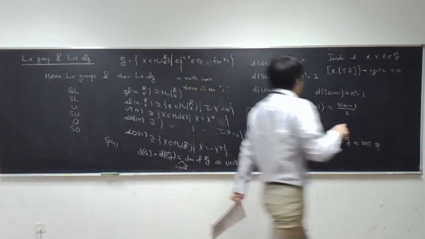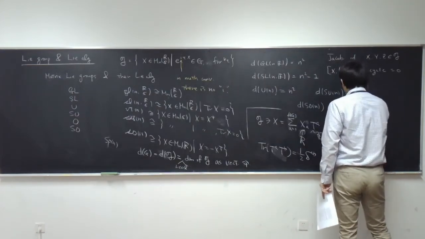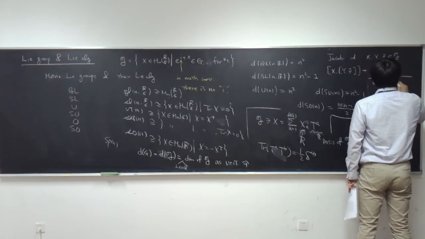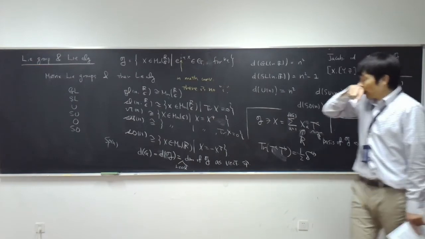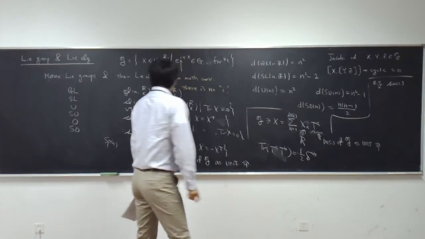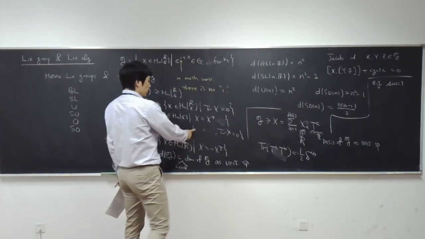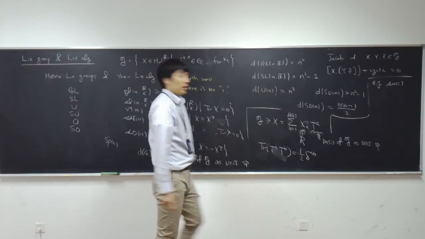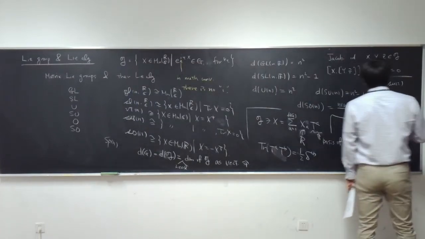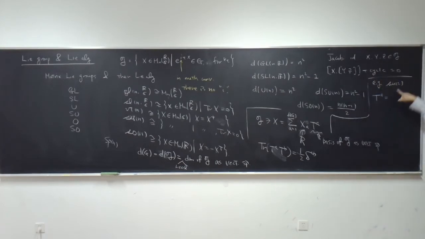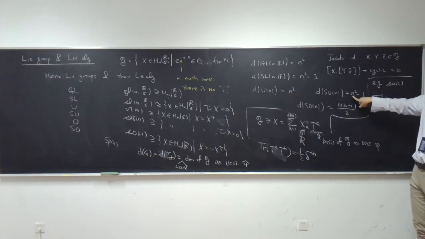For instance, as many of you know, let's consider SU(2). It's the 2x2 matrices with complex entries and trace 0. So the dimension is of course 2 squared minus 1, equal to 3.